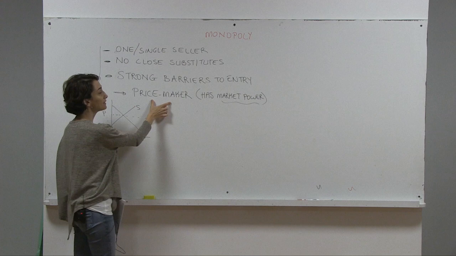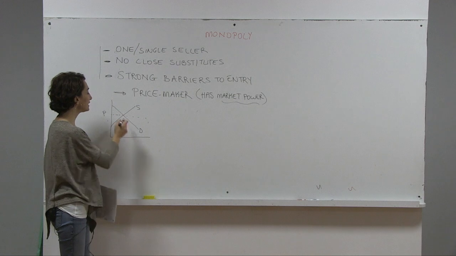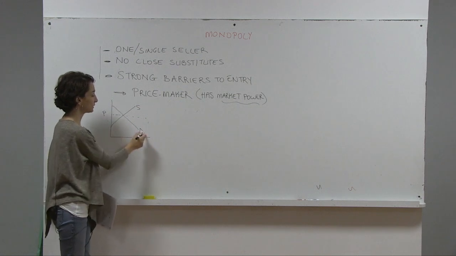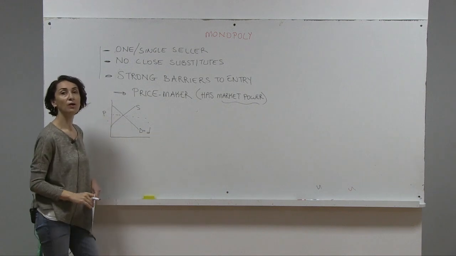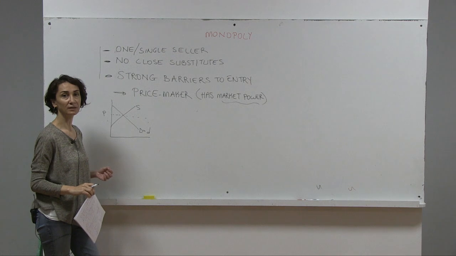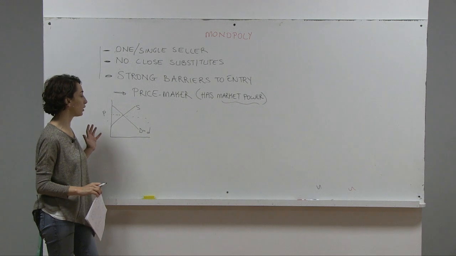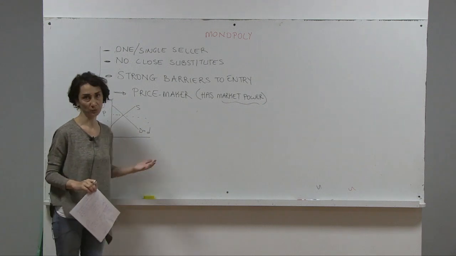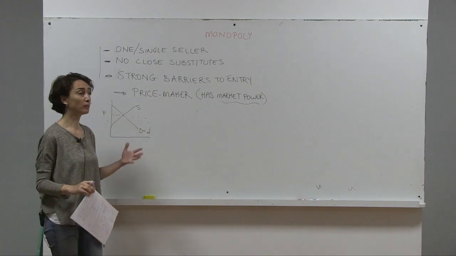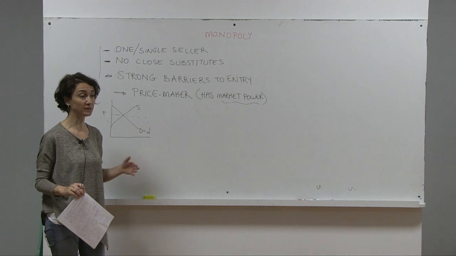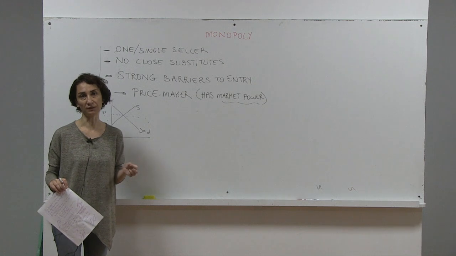What price making or having market power means is this: the market demand curve is also the demand curve faced by the firm. If you think about our previous example of tomatoes in a perfectly competitive market, we have a tomato market which is perfectly competitive, and let's say we have 1,000 producers in this market.